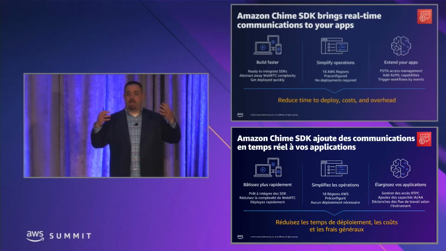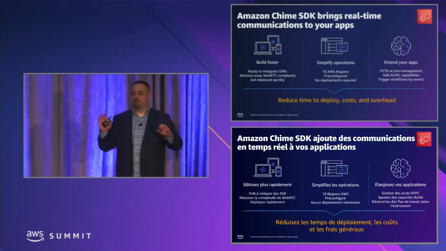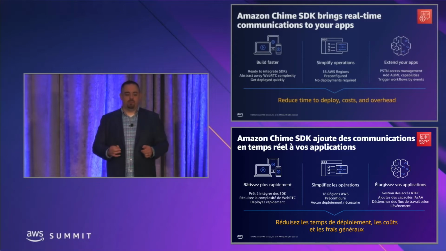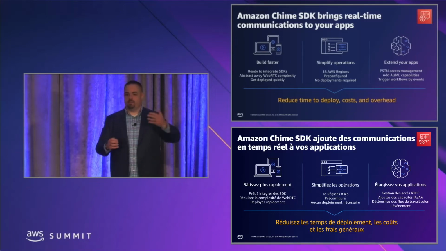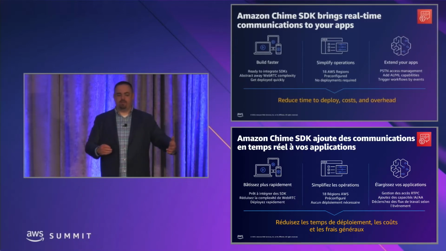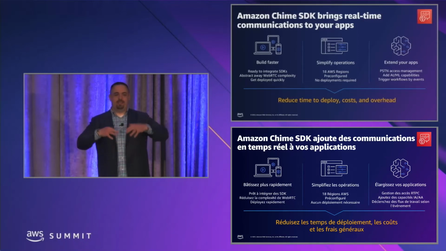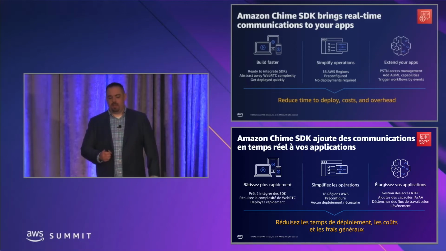If it's a doctor visit, doctor and patient, you're able to do screen pops for the physician of different medications they should think about as the patient is talking and describing their symptoms. So it's being able to extend not just communication one-to-one, but in the future using the AI/ML capabilities. So reduce costs, remove the heavy lifting. That's what we're about with the Amazon Chime SDK.